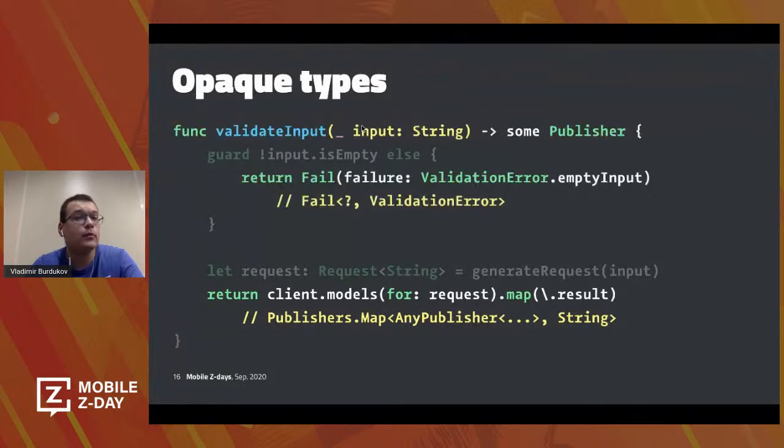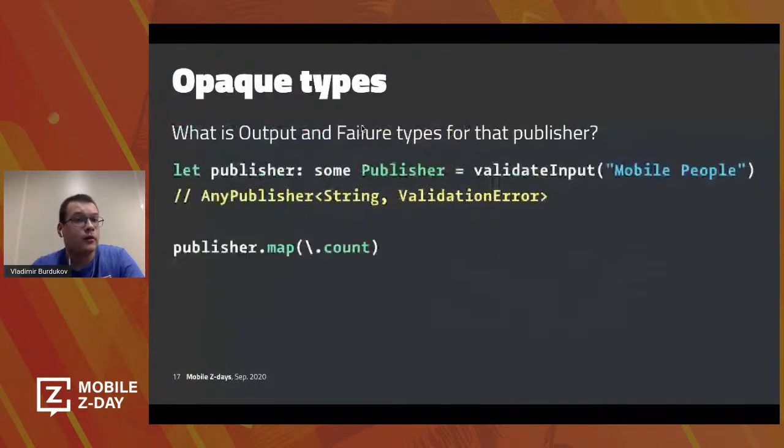But now we face another issue. Let's imagine that we create a binary framework for our library and expose this some Publisher interface. Unfortunately, the compiler will not know the exact type that we declared inside our method.